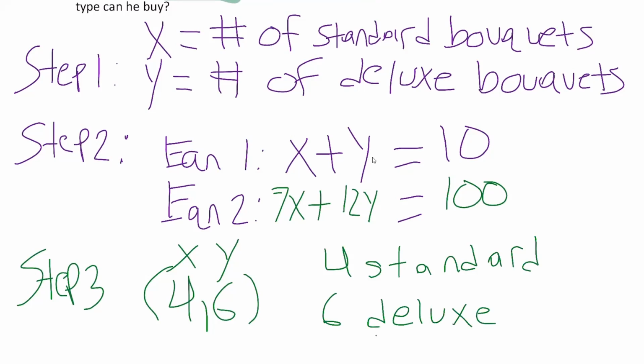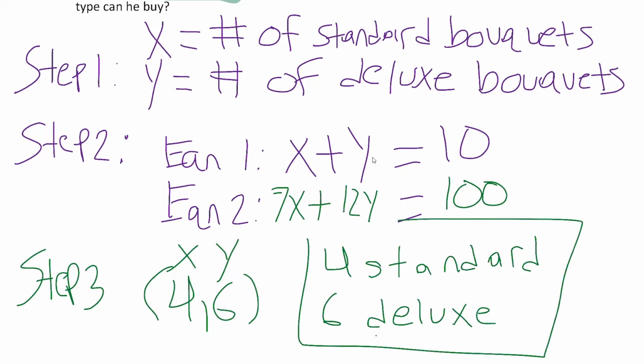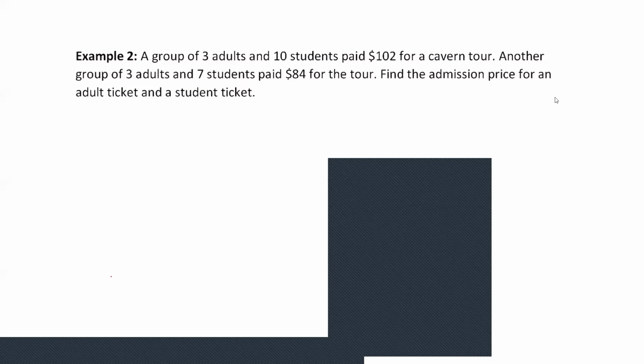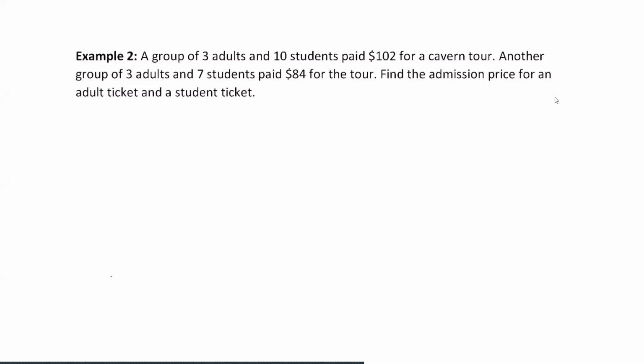That's how he spent $100. He got 4 standard and 6 deluxe bouquets, and this adds up to a total of 10. So this would meet both of those equations we set up. Any questions?